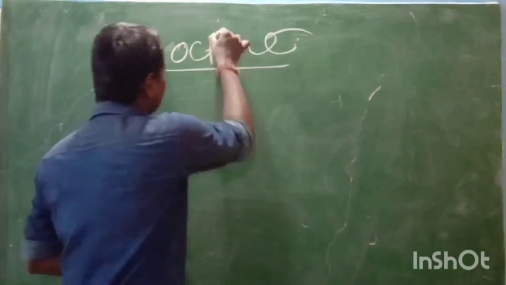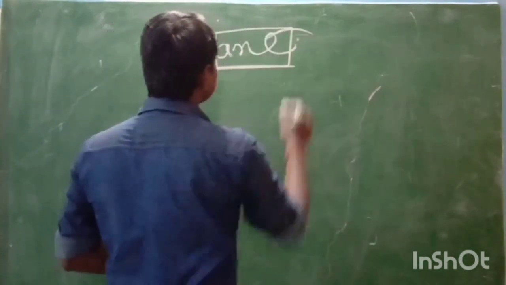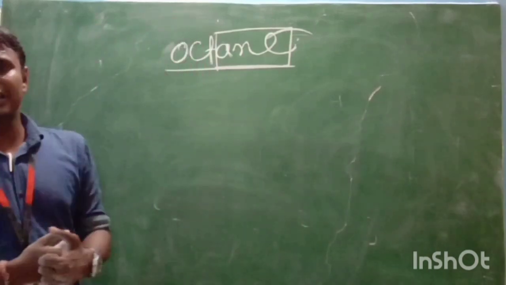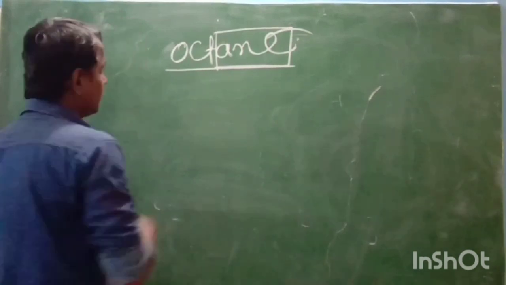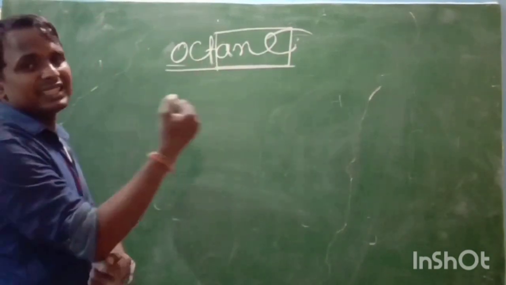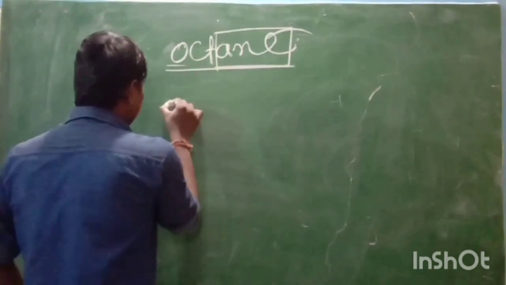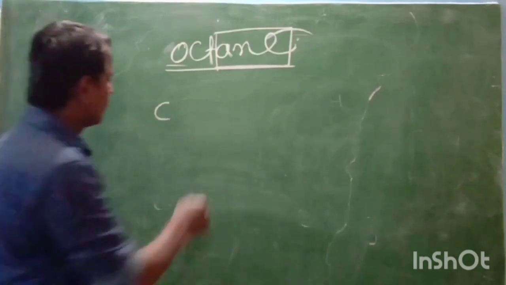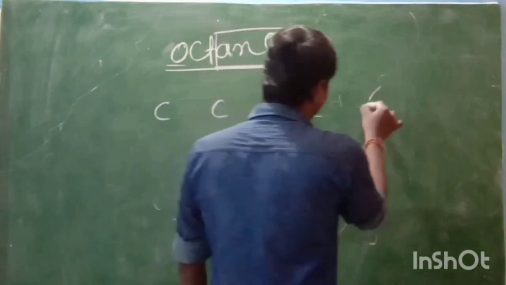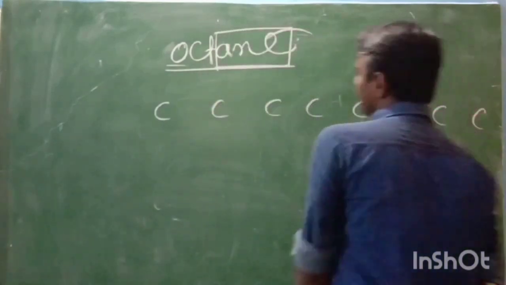How? Because the suffix is ane. The suffix ane means it is an alkane, and oct means the number of carbon is 8. So let's write 8 carbons: 1, 2, 3, 4, 5, 6, 7, 8.